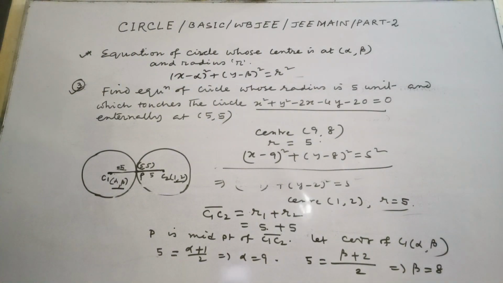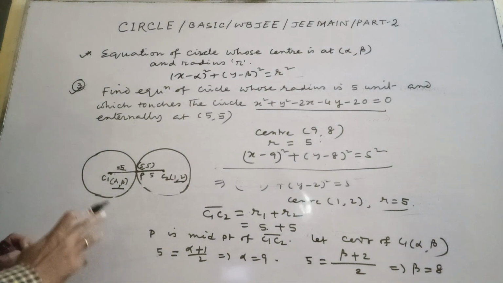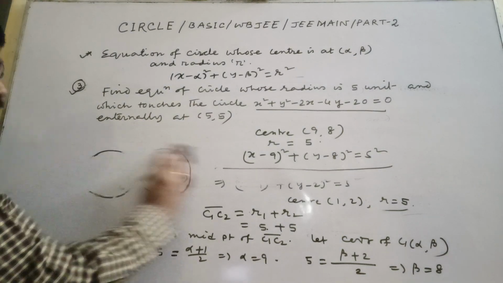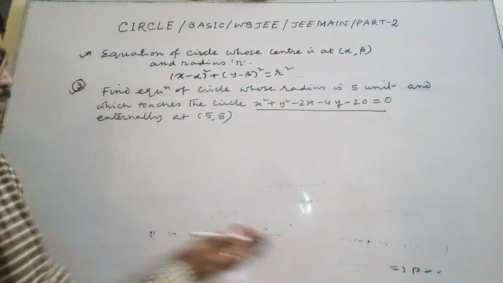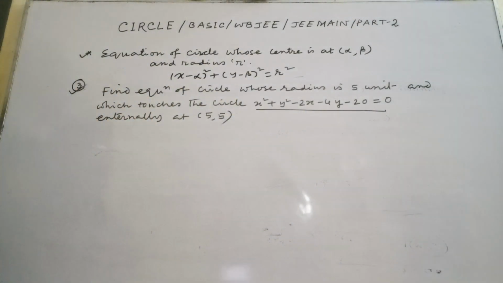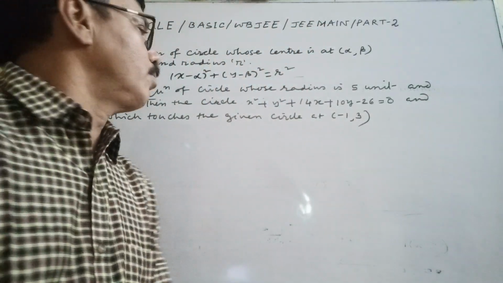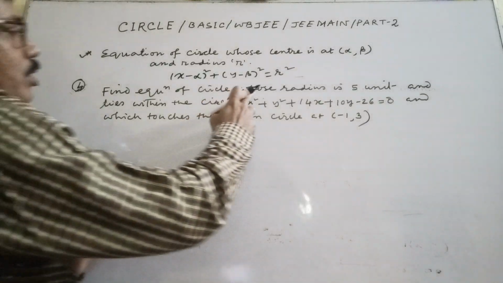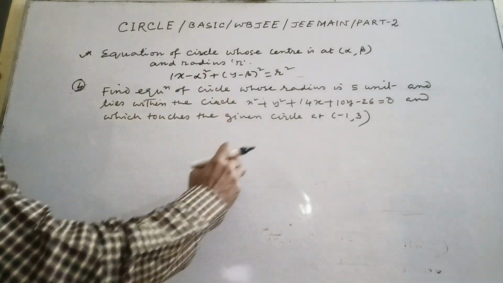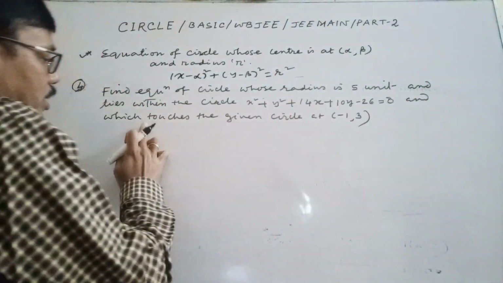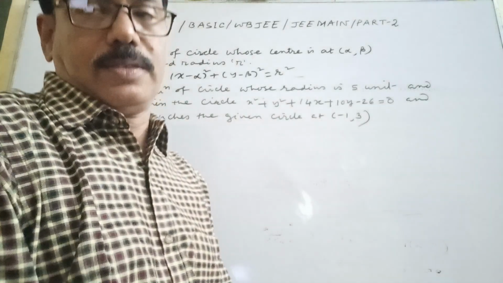Now, we consider the same type of problem. Here, two circles touch internally. So, let us consider the next problem. Find the equation of a circle whose radius is 5 units and lies within the given circle, and which touches the given circle at (minus 1, 3).